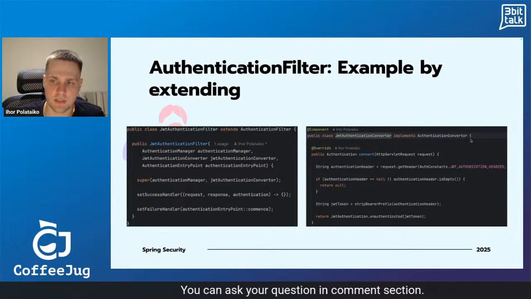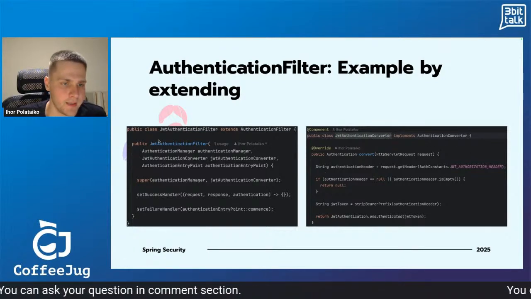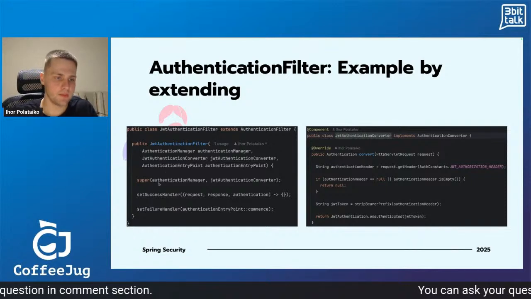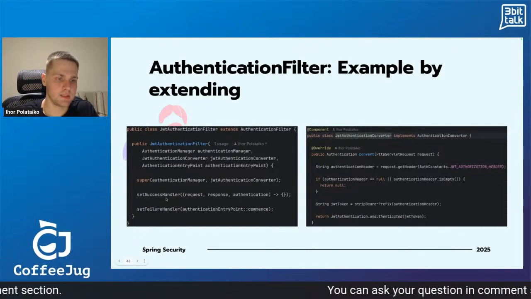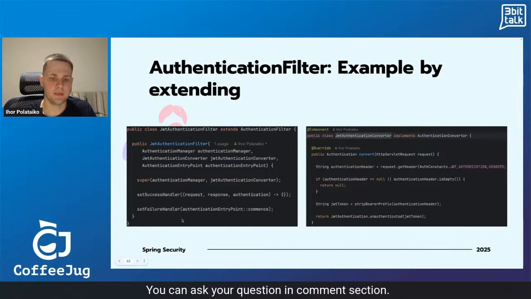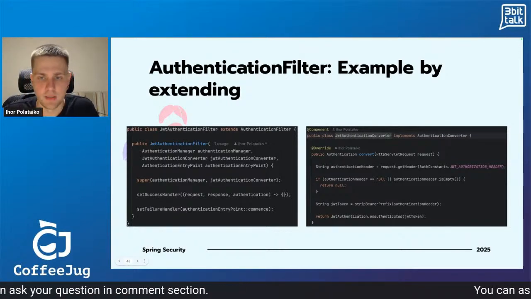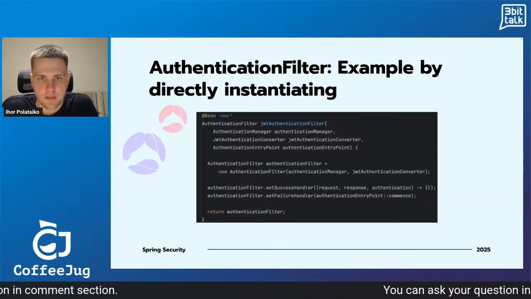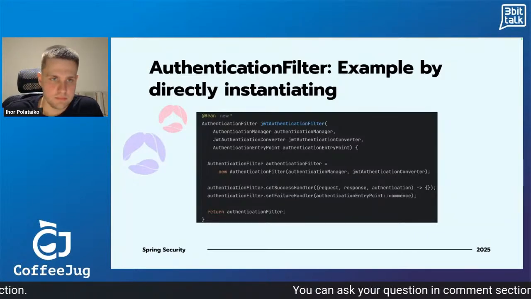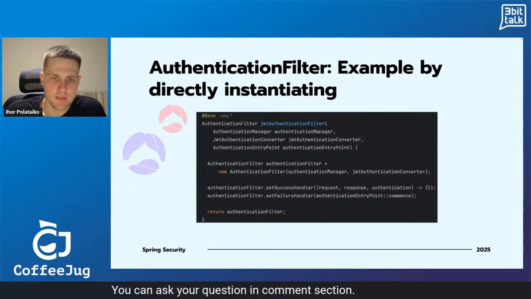Yeah, and the converter has to implement this authentication converter interface. And then in my filter implementation, I'm simply overriding set success handler and I'm setting the failure handler as well. Also, I can instantiate authentication filter just by the new keyword.